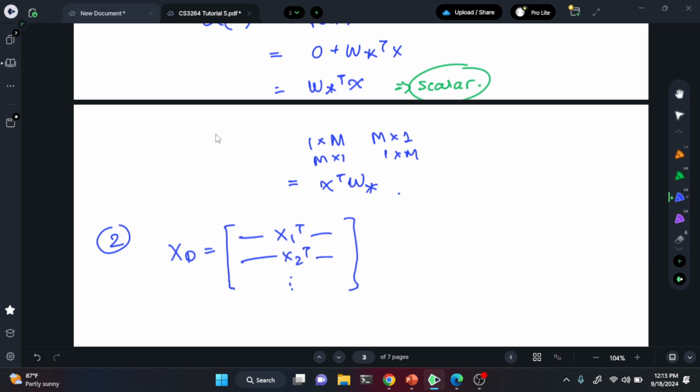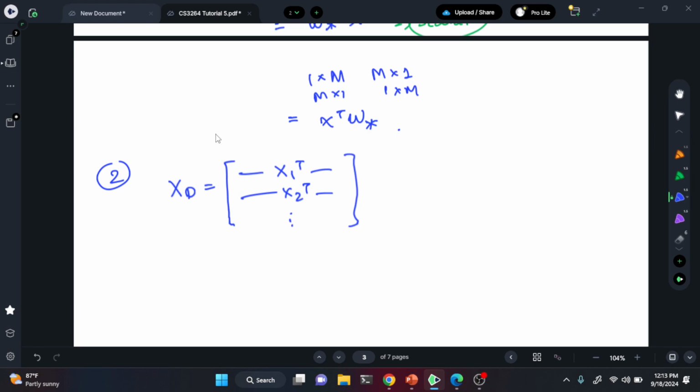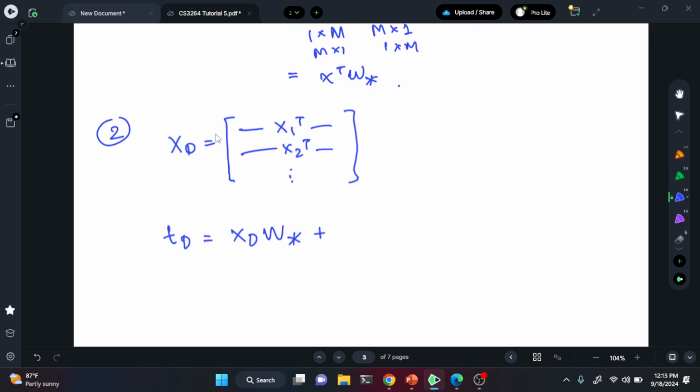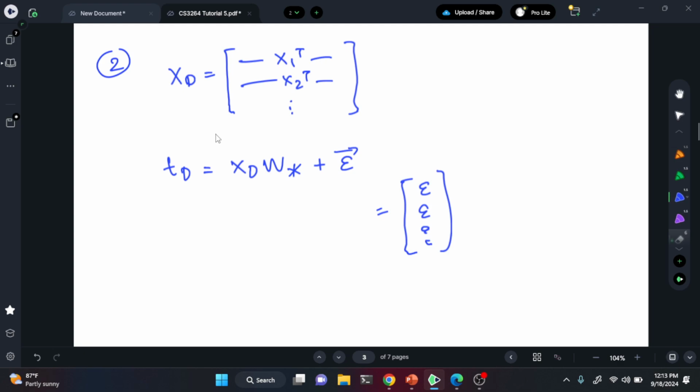Now what we want to model is that TD is equal to XD W star plus epsilon vector. This epsilon vector is kind of a random vector which contains all your epsilon values. This is essentially what we are doing. So we want to express it this way.